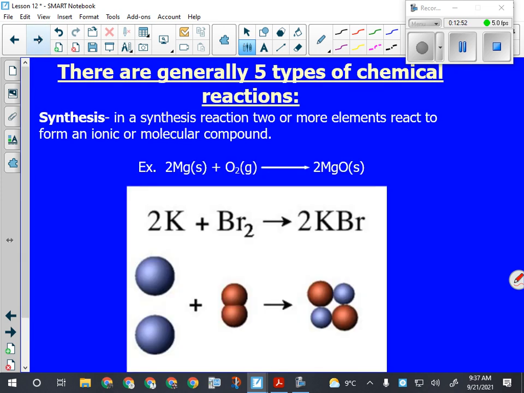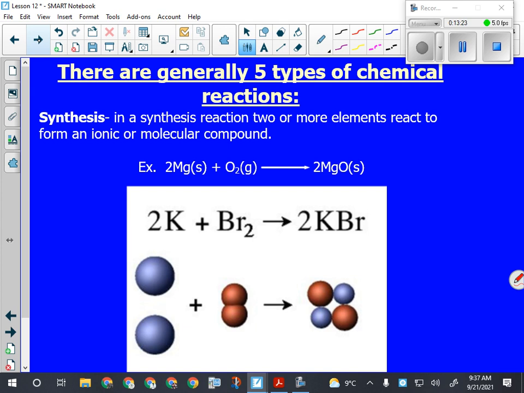So we're going to go over our 5 types of reactions, starting with the simplest one. The simplest reaction type is what we call a synthesis reaction. It's like the one with lithium that we just looked at. In a synthesis reaction, 2 or more elements, usually elements, but it could be 2 compounds, react to form an ionic or molecular compound. So in any synthesis reaction, you will have 2 reactants and 1 product.